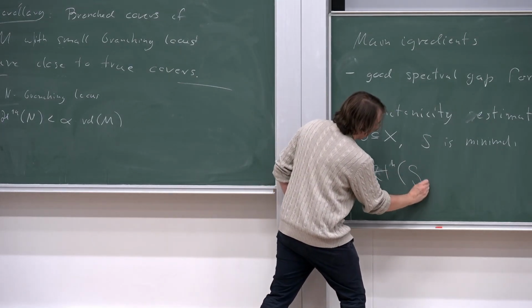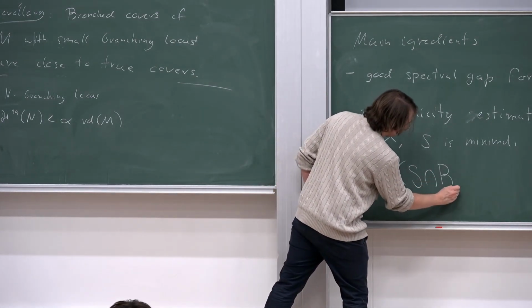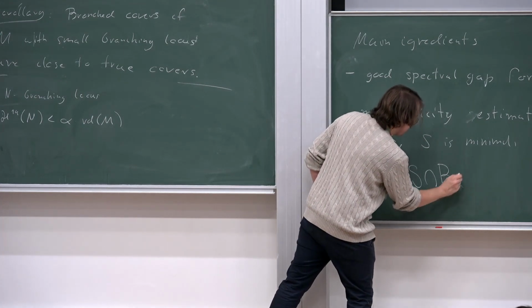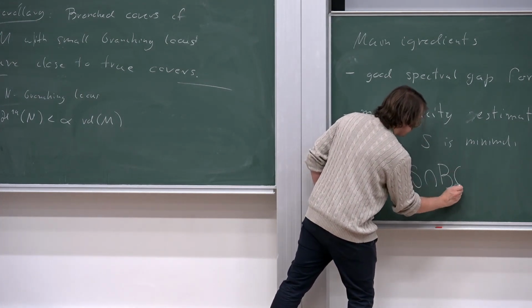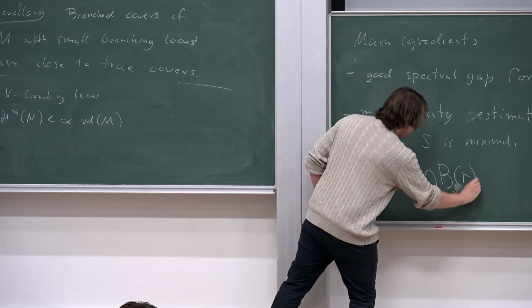So I look at S, I intersect it with some ball of radius R around the point s, B(s,R).